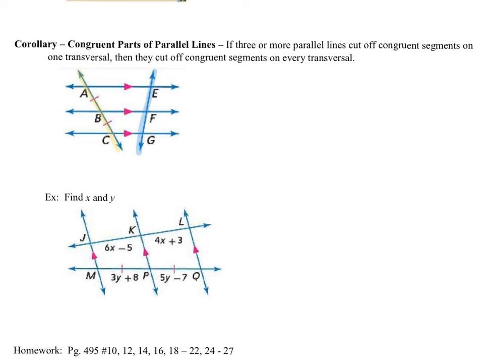Let's state the theorem in terms of this diagram. The hypothesis says we have 3 parallel lines: if line AE is parallel to line BF, which is parallel to line CG. But don't stop there for the hypothesis.